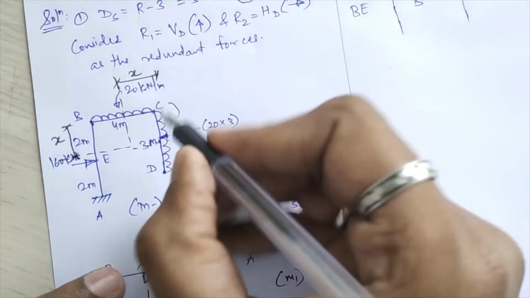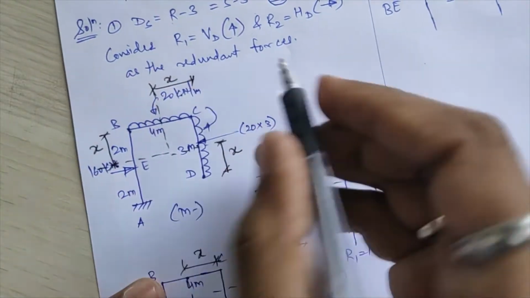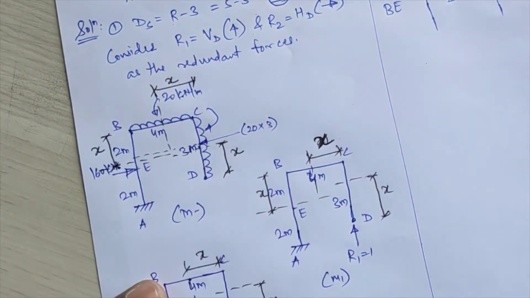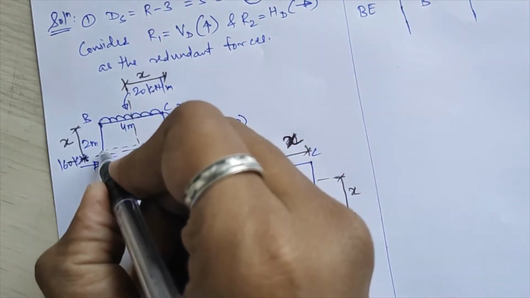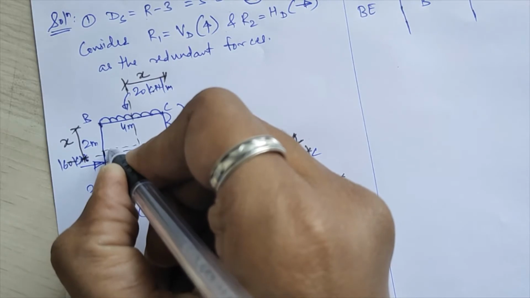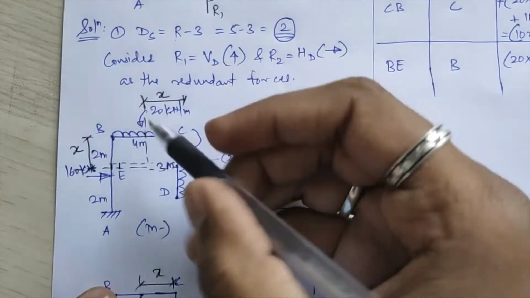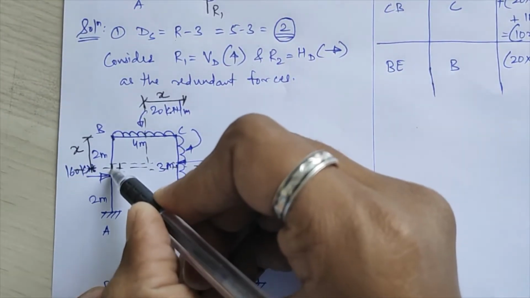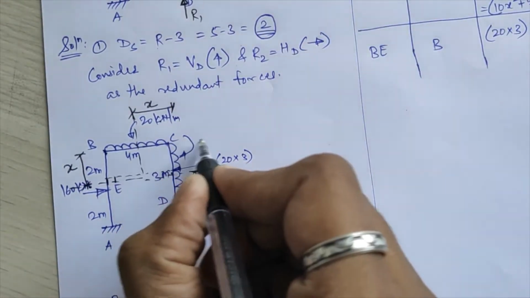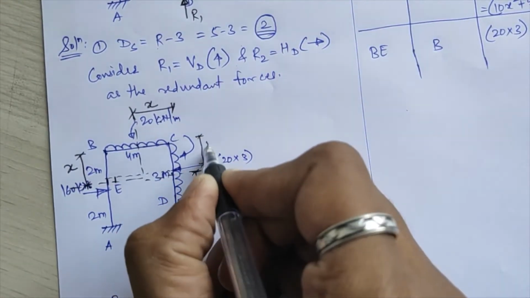But if you consider the lever arm of your section over there, the influence of this 20 into 3 will come somewhere here, right? So whatever distance you get, you need the lever arm distance between these two lines over there. Okay, so that distance will be how much? Your selected distance x minus this 1.5. This distance is 1.5 over there.